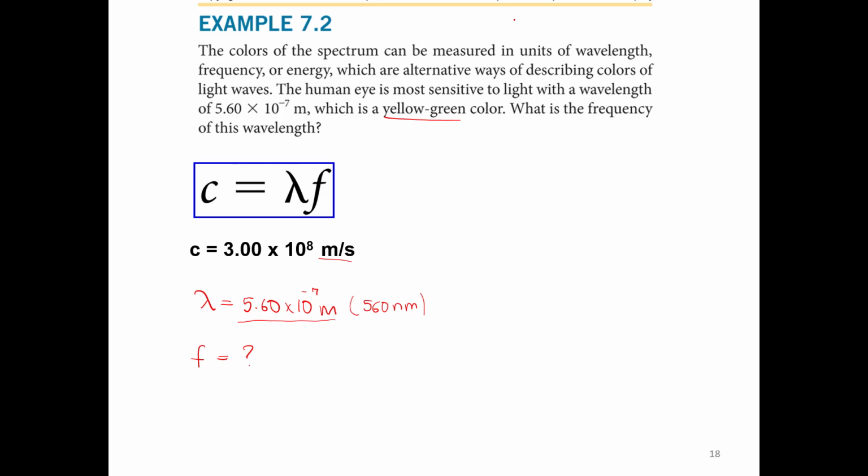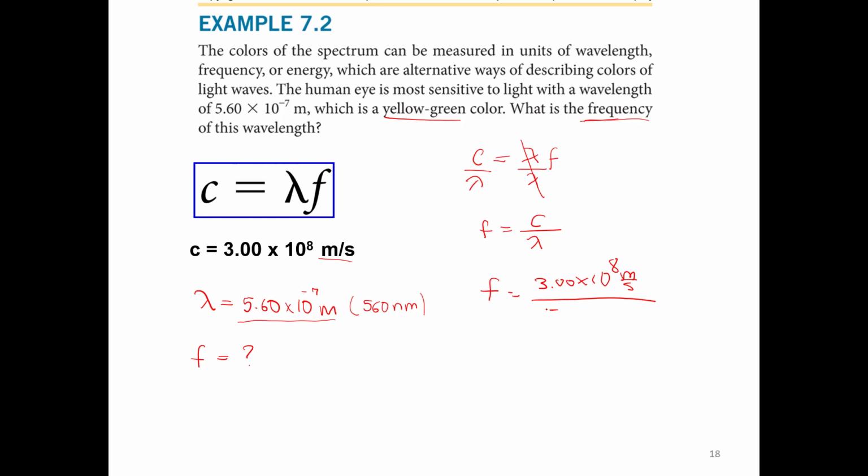And let's first solve for frequency, because this is what we want to calculate. And let's write here the equation. We want to solve for the frequency, then we need to divide by the wavelength on both sides. And let me write this one like that. The frequency is the speed of the light divided by the wavelength. And the speed of the light, we know this value is 3.00 × 10 to the power 8 meters per second divided by the wavelength.